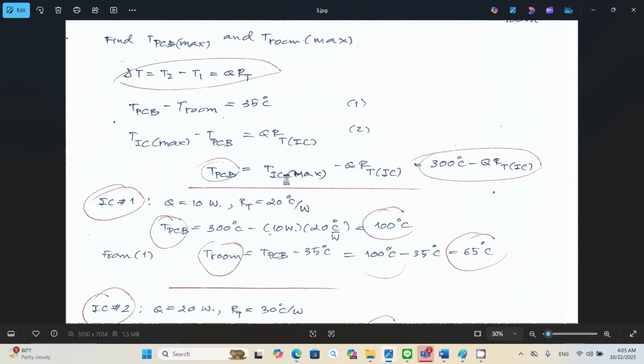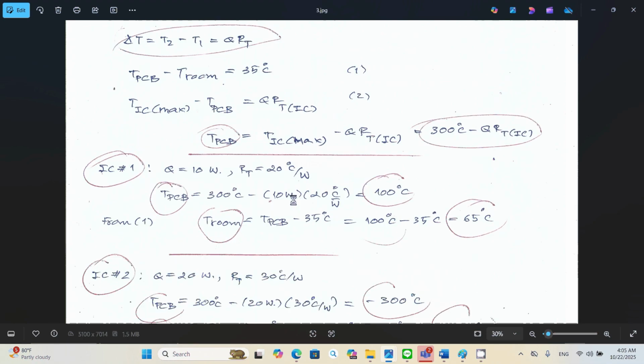And with the requirement, the maximum IC temperature cannot exceed 300 degrees Celsius, otherwise it cannot operate. So this TIC max equals 300 degrees Celsius minus QRT. I left this behind because we will work on a different RT and different Q.